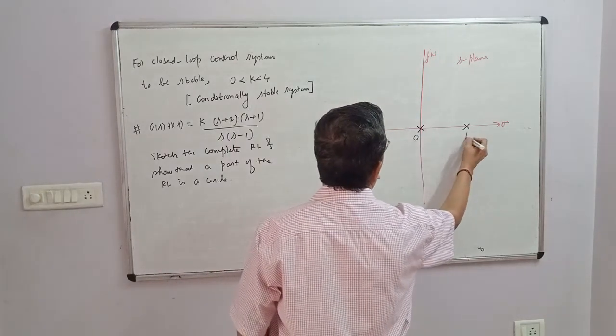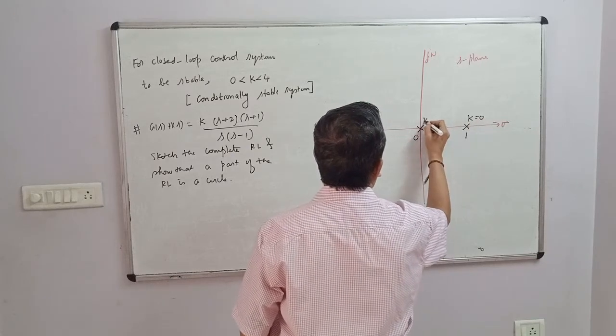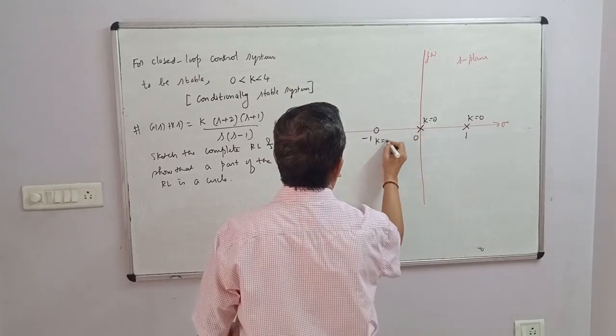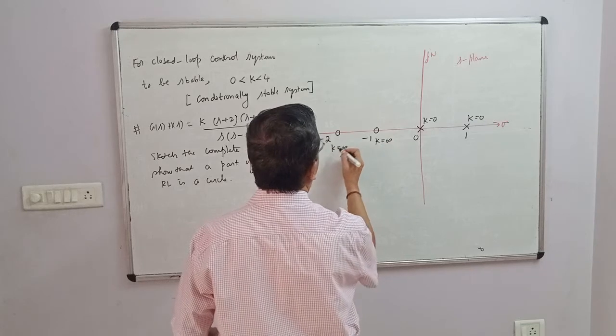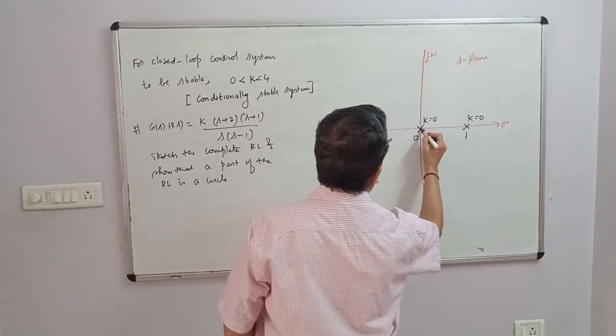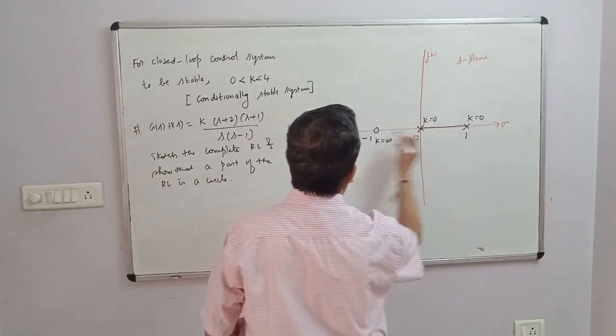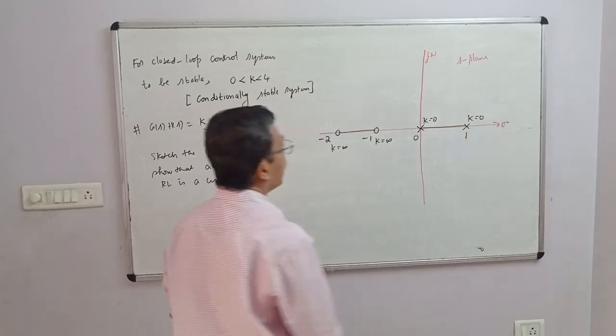These are the poles and zeros. Where poles are there, you write k equal to 0. Where zeros are there, you write k equal to infinity. This is the real axis locus on the right side. This is the real axis locus on the left side.